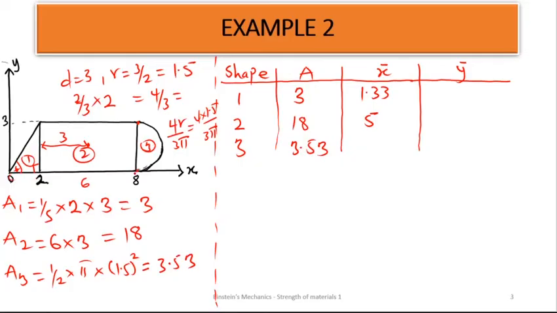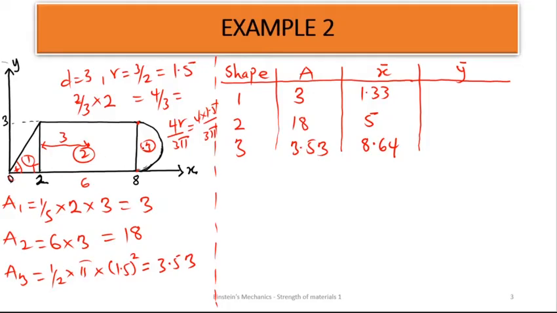So that will be 8 plus 4 times 1.5 over 3 pi. And that is going to give you 8.64 for the X on shape 3.